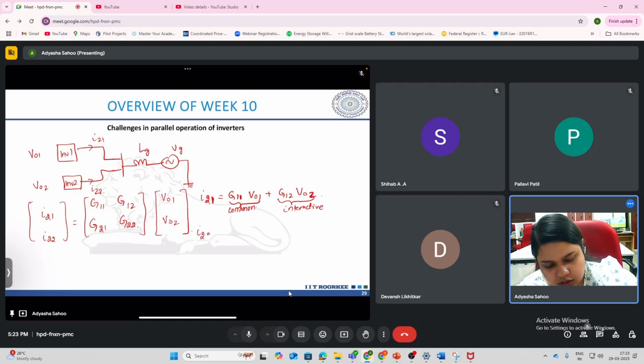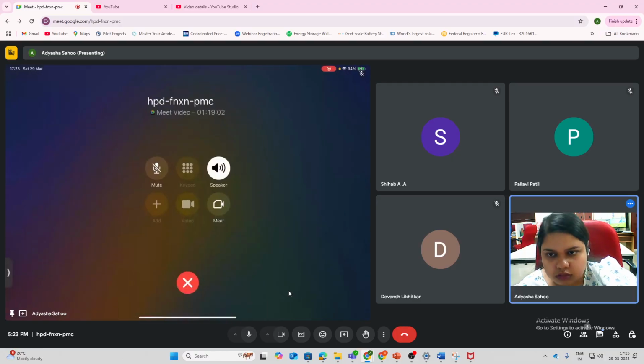Similarly, I22 is G21 times V01 plus G22 times V02. So this is common, while this part of the current is flowing due to the interaction of inverter 2 with 1.